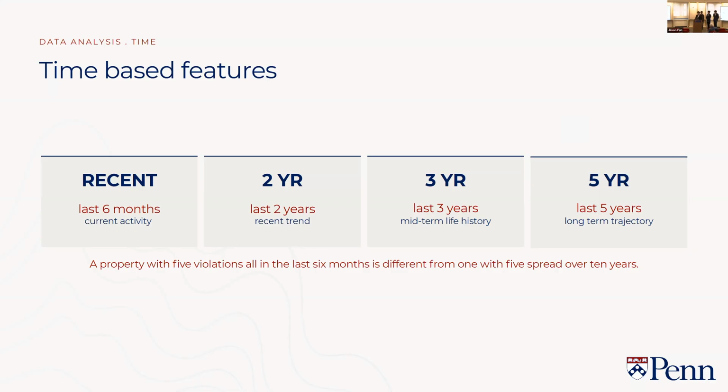For example, a property with several violations in the past 6 months is probably showing current distress, but a property with the same number of violations spread across like 10 years is maybe less urgent. So these time-based features help our model understand how recent or concentrated the vacancy-related events are.